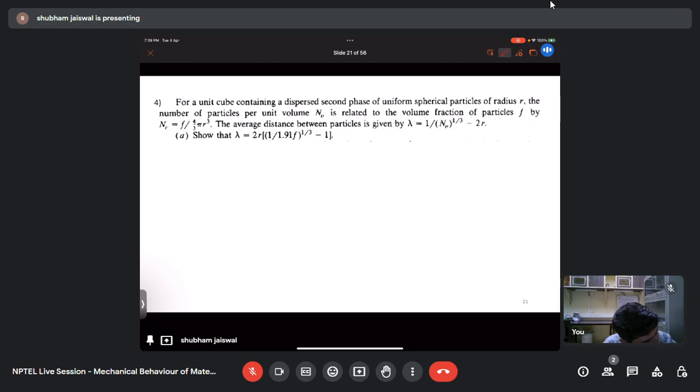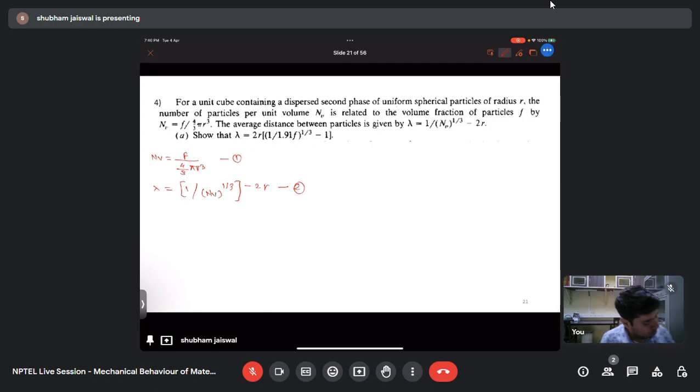So they have given NV equal to F upon 4 by 3 pi r cube, and this is equation 1, and lambda equal to 1 upon NV to the power 1 by 3 minus 2r. Okay, let's say this is equation 2.